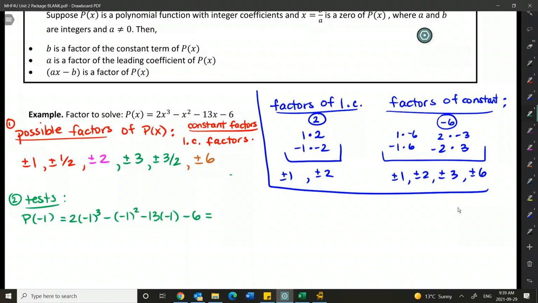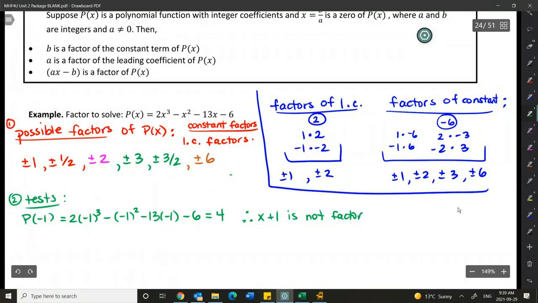So that gives me 4. So not a factor. That's okay, we'll try another. 1 is not going to work, right? Because I'll get 2 minus 1 minus 13 minus 6. That's going to be a bigger negative number.